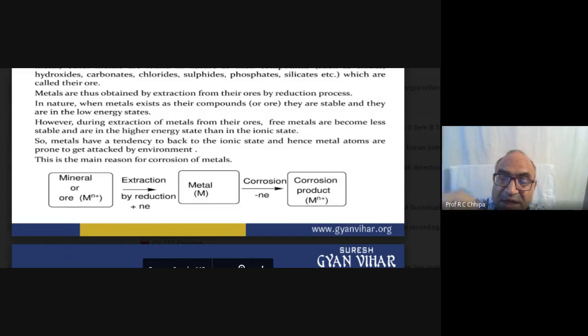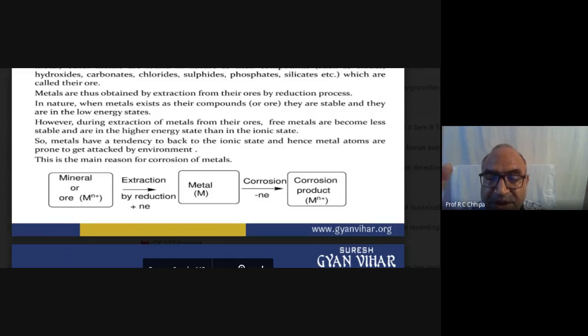We get about 10,000 types of iron alloys. Why? Because of different technology, for example, construction of houses, construction of buildings, the infrastructure, the road, the whole infrastructure depends on the iron.